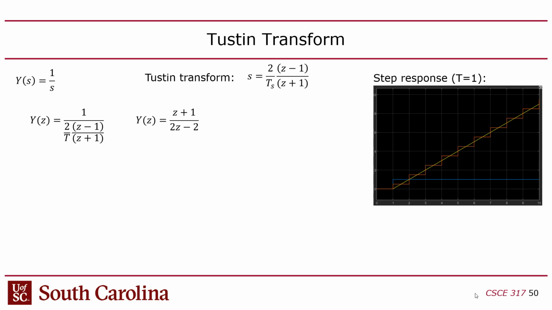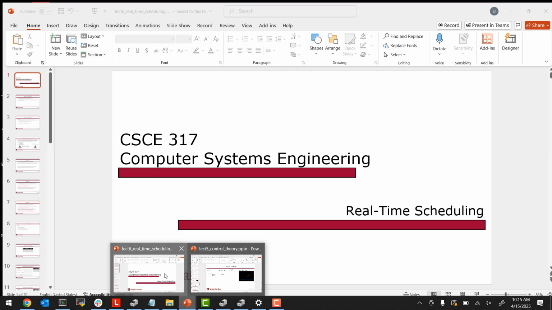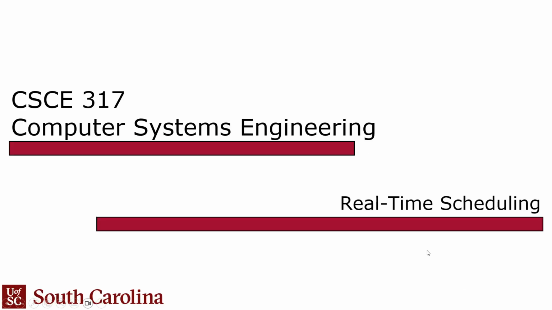So that time step is important for control systems. And generally it needs to be tuned, right? You don't want it to be too small, but if it's too large, then you can have an ineffective control system. Which leads me into this next lecture on real-time systems.